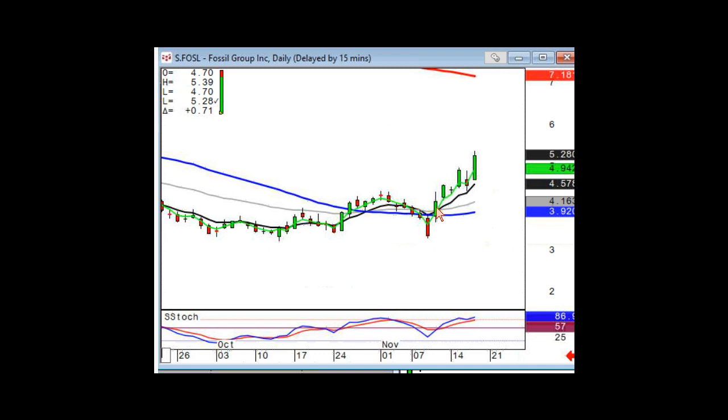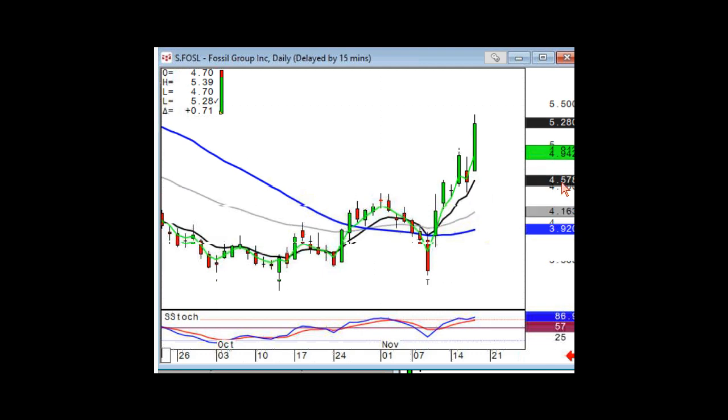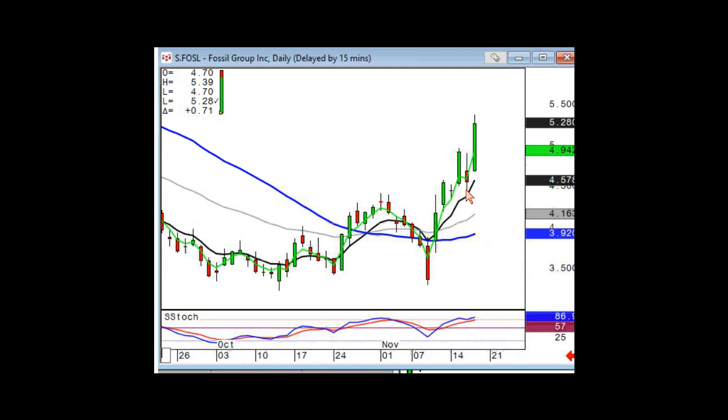So when you see something like that, especially right here at a level everybody's watching, the 50-day moving average, look what happened right here. It's surprising the number of times they will come right to the T-line and bounce back up.